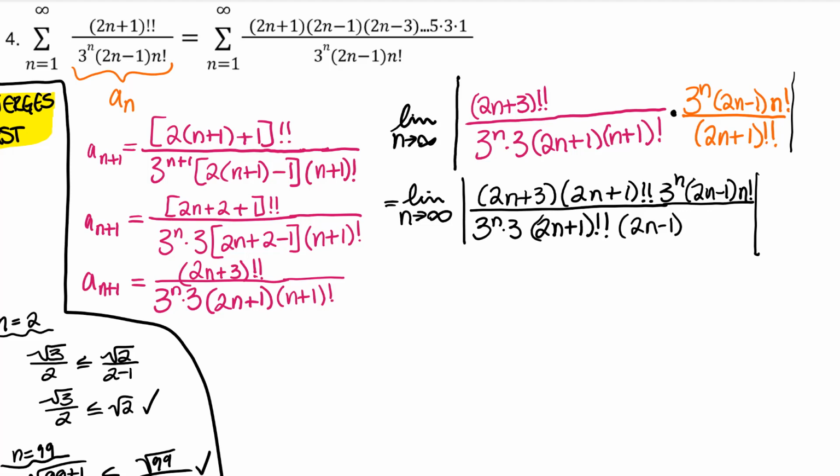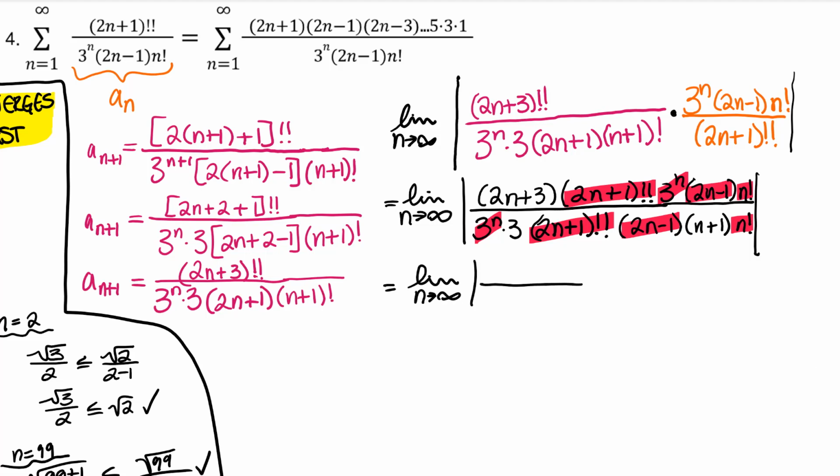N plus 1 factorial can expand to be n plus 1 times n, then n minus 1 times n minus 2, and so on. But we could leave it there with just a factorial. Let's reduce. Let's distribute.